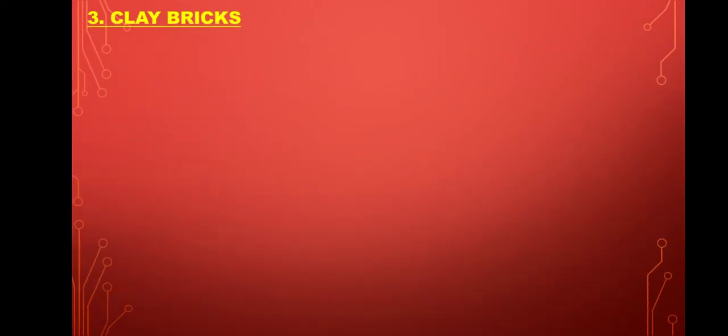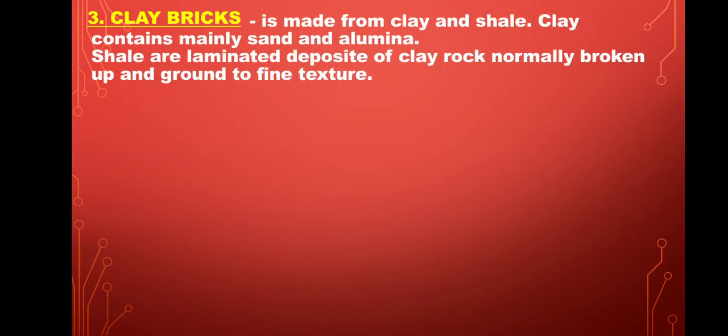The third one is known as clay bricks. Clay bricks are made from clay and shale. So clay contains mainly sand and alumina. Then when it comes to shale, shale is a laminated deposit of clay rock, normally broken up and ground to a fine texture.